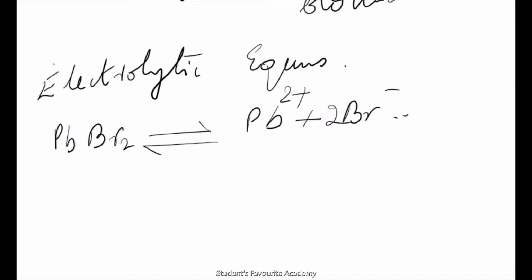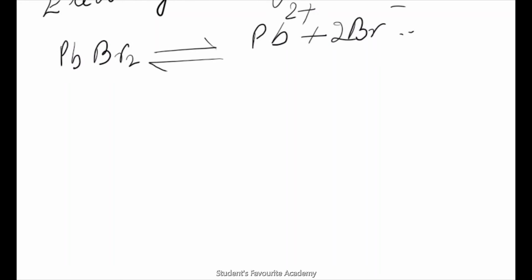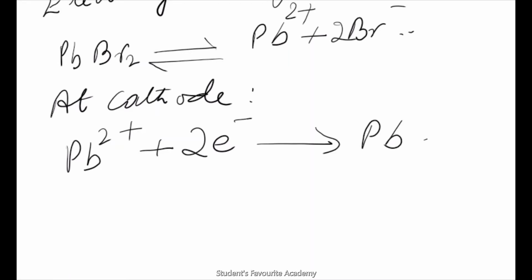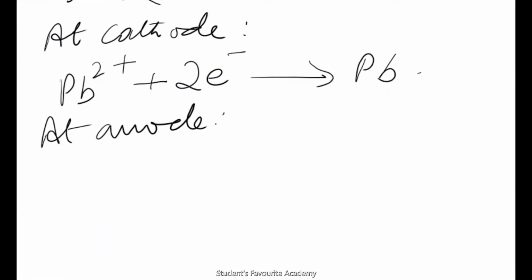So at cathode, what happens? Pb2 plus accepts 2 electrons, forms Pb metal, and at anode the bromide ions lose 1 electron each and form bromine atoms.